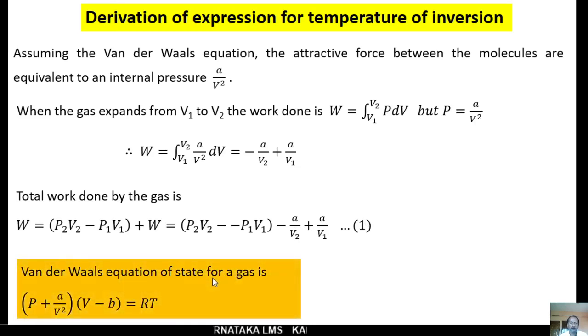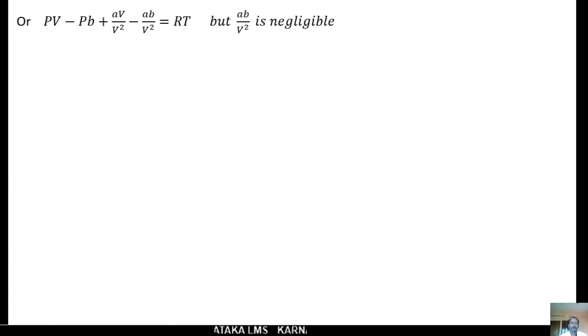We know that the van der Waals equation of state for a real gas is P plus A by V square into V minus B equals R into T, or PV minus PB plus AV divided by V square minus AB by V square equals RT.